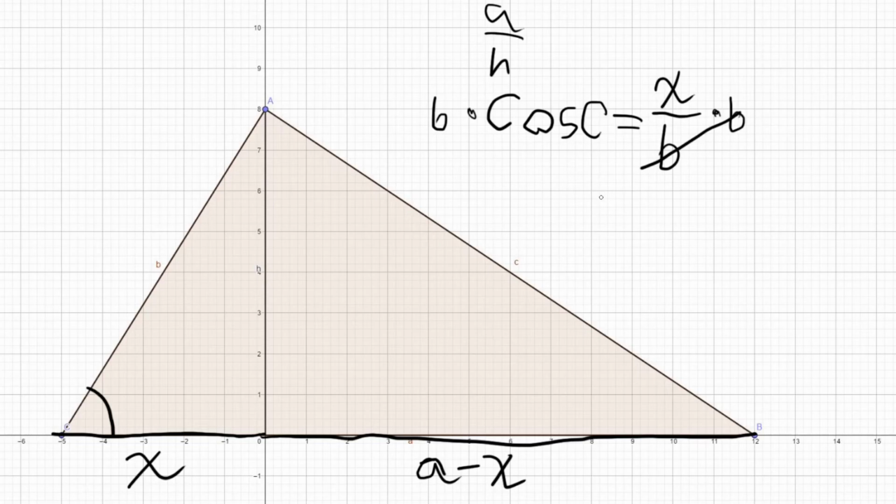These cancel each other out, so we're left with b times cosine of c equals x. So now we have a substitute for x. Instead of x in the actual equation, we can just substitute b times cosine of c.